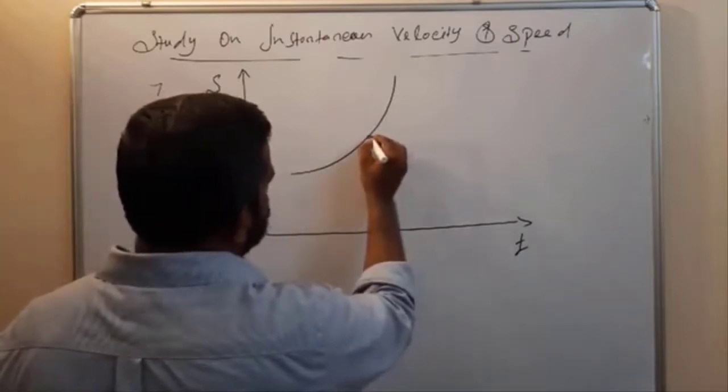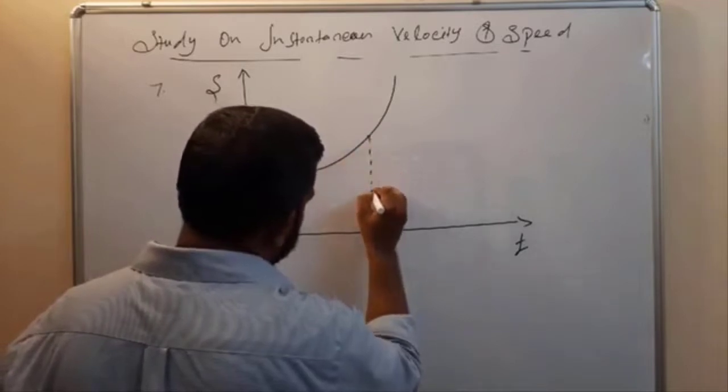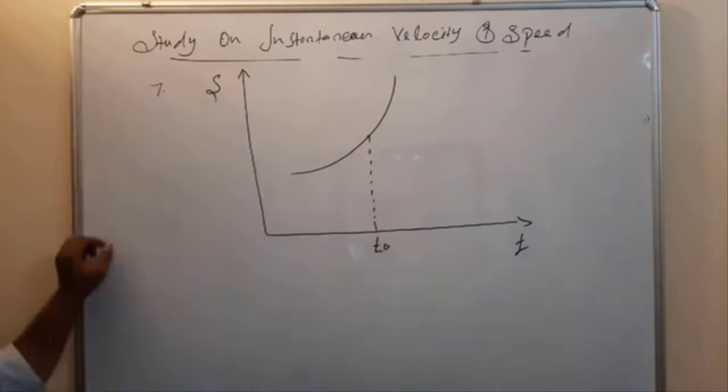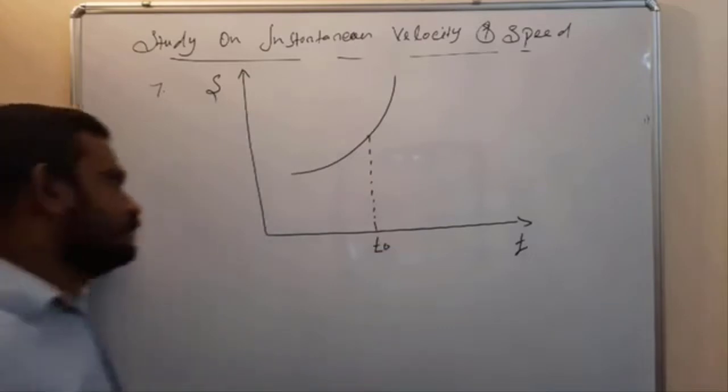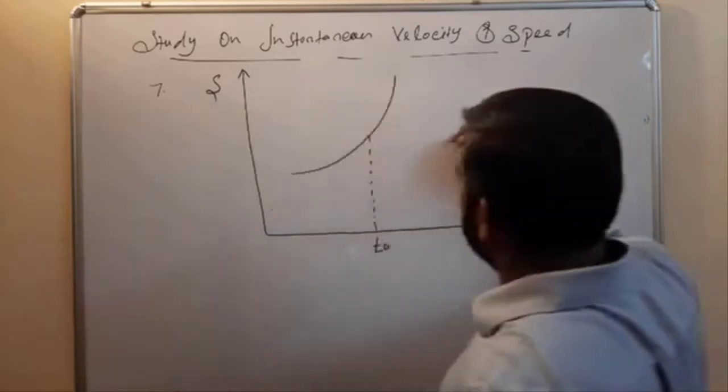The instantaneous velocity at the time t0, how will you find it?